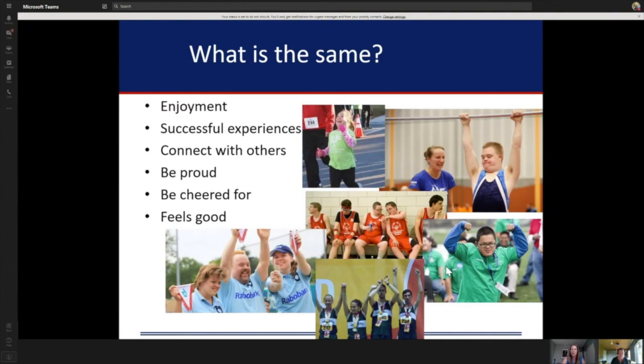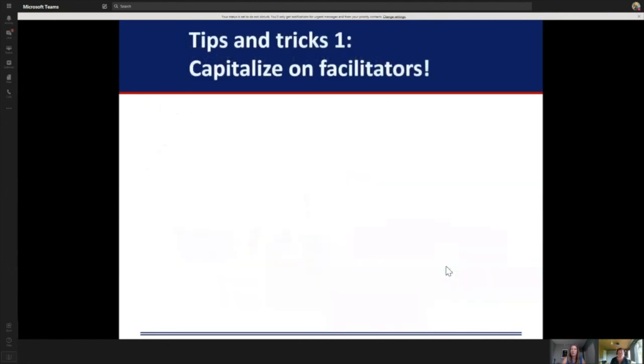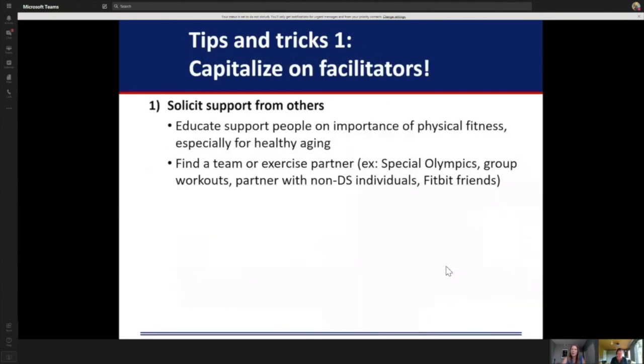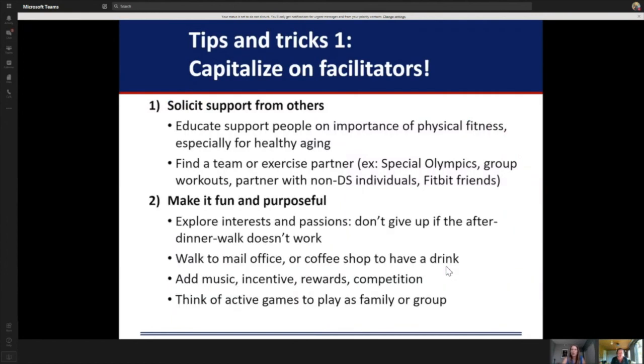So I think there's a lot of similarities for physical activity as well that we want to really keep in mind. So in line with the facilitators and barriers, we can capitalize on facilitators by soliciting support, educate support people so they can provide that support, or find a team or an exercise partner. To make it fun and purposeful, explore the interests, walk to the mail office, add those fun parts, and think of active games to play as a family or a group.